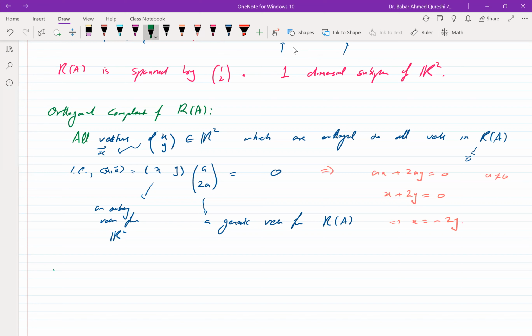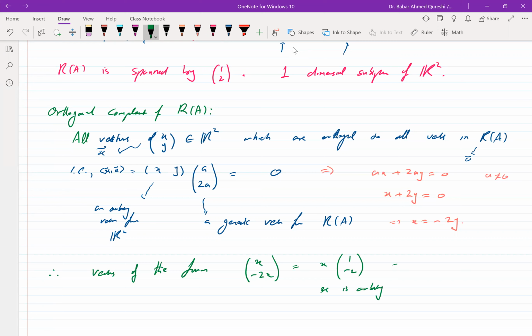Therefore, vectors of the form like this. So I can write them like this, where Y is arbitrary.